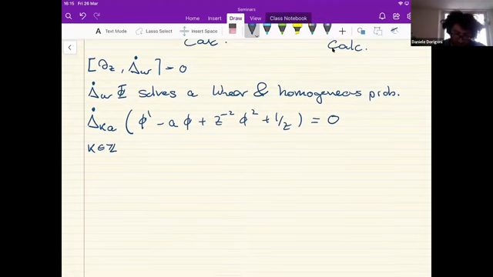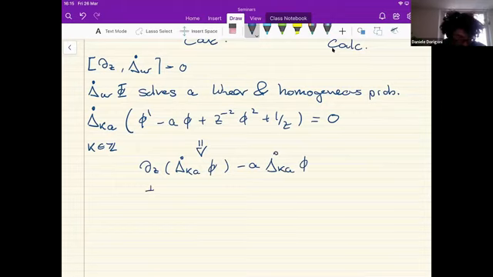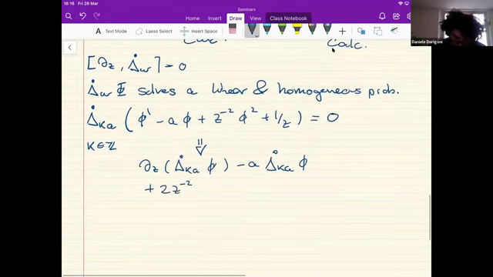However, we can easily rewrite using all the properties that we said. This equation is equivalent to the following equation. The derivative with respect to z of this alien derivative minus a, the alien derivative acting on phi, plus 2 z to the minus 2 phi, the alien derivative. In here, I use the distribution property.